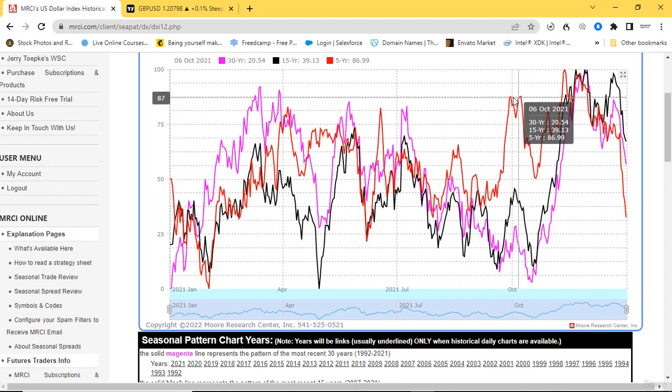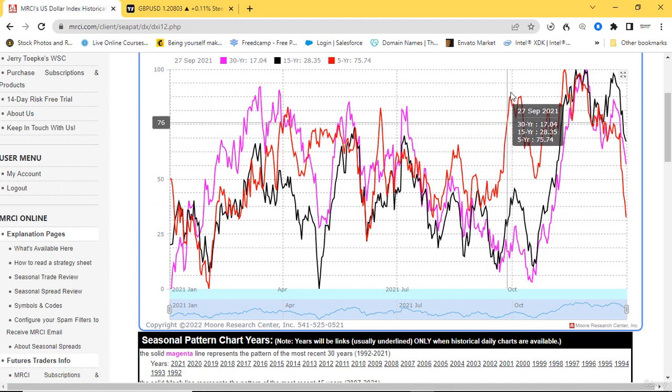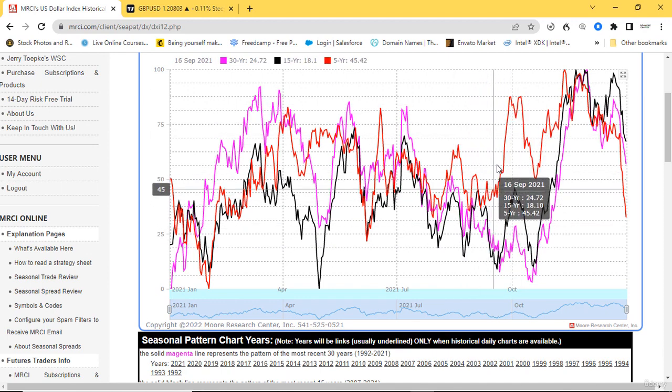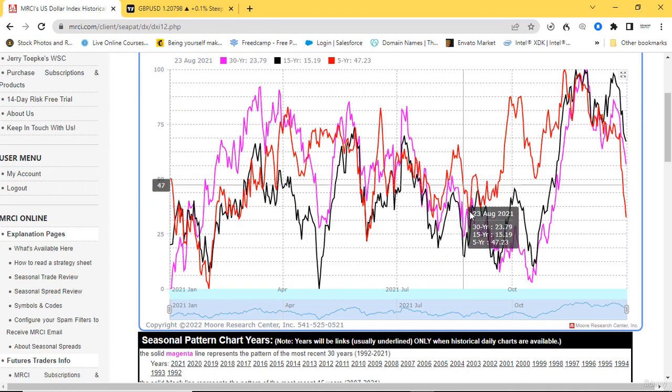But between August and September, over the last 5 years, you're looking at a bull run, right? But over the last 30 years, it's been bearish. So it's kind of mixed here.